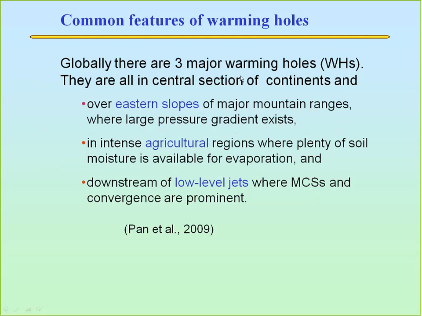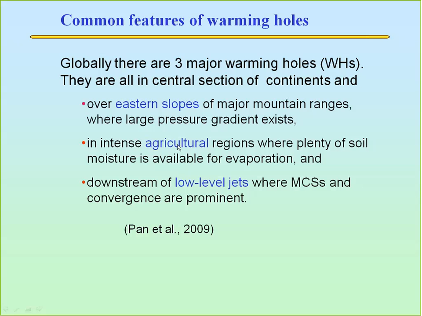In addition, they are on the eastern slope of major mountain areas. In the U.S., it's east of the Rockies. In China, it's east of the Himalayas, and in South America, it's east of the Andes.